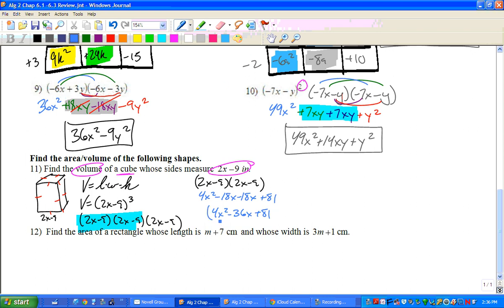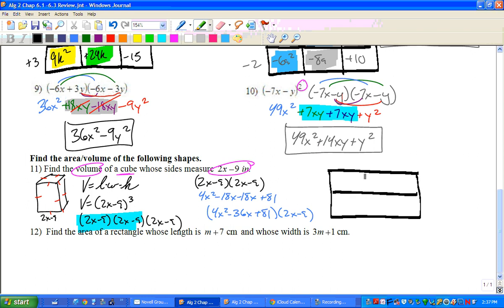Now from here, you need to multiply that with 2x minus 9, and that's where the box method comes in. So 4x squared minus 36x plus 81, and then we've got 2x minus 9. Little hint, these guys are going to have our like terms, and let's go ahead and multiply this out.